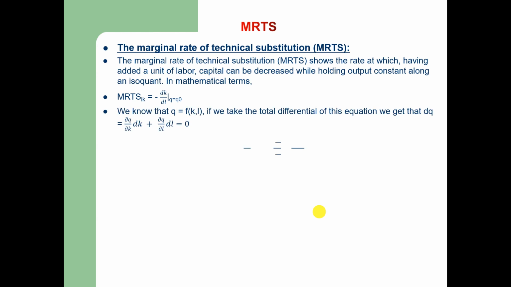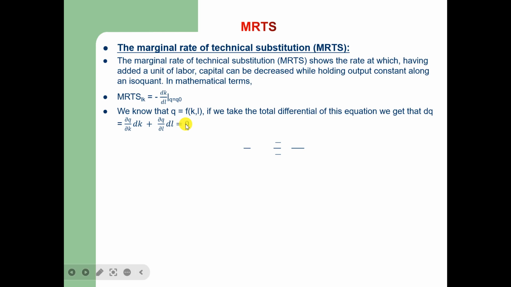We know that the production function Q is a function of capital and labor. If you take the total differential of this function, we get that change in Q is equal to partial derivative of Q with respect to K times change in the capital plus partial derivative of Q with respect to L times dL, and total change in the output will be equal to 0.